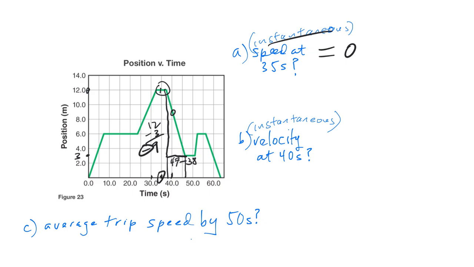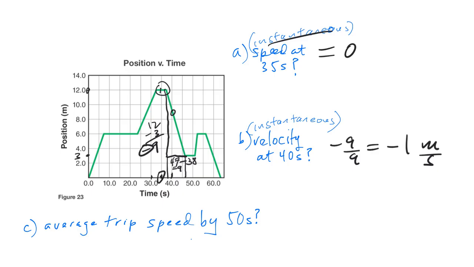No, you know, there's kind of error there. 47 minus 38 is 9. Okay, so the rise over the run looks like it's negative 9 over 9. So it's like negative 1 meters per second.